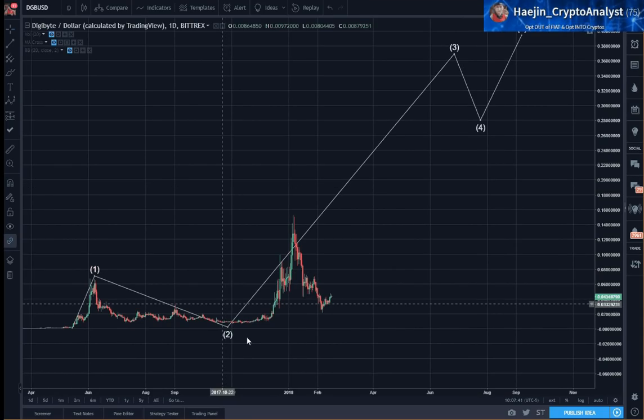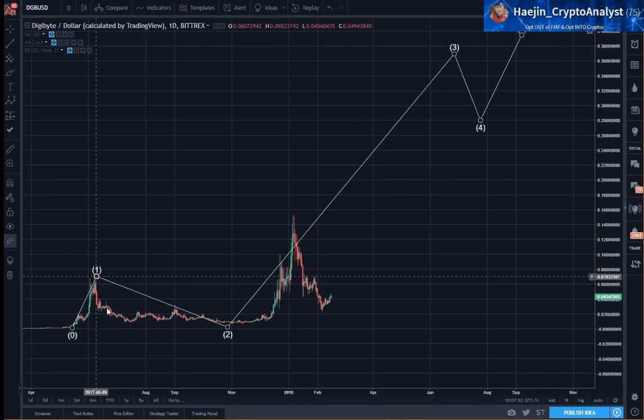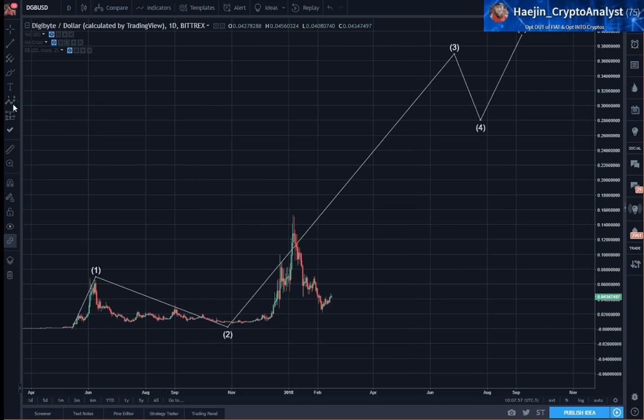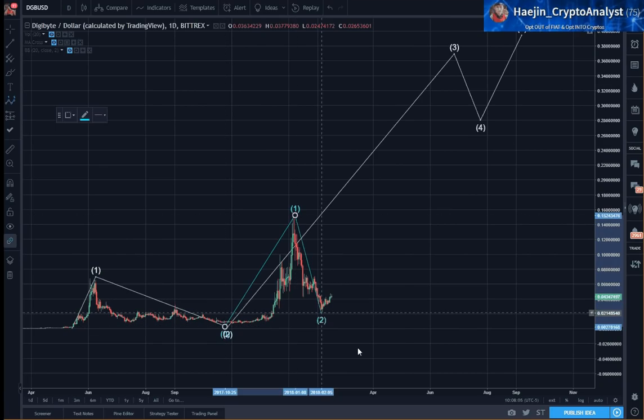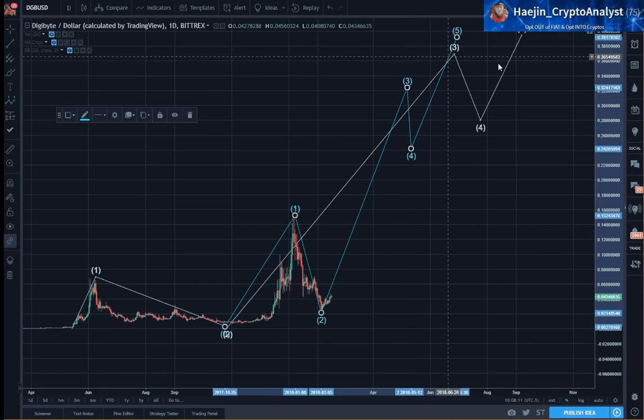So in other words, this is 1 of 3. We did 2 of 3. So let's label it. Let me make sure I get the degree of trend correct. We can leave that at intermediate. Okay. One, 2, 3, 4, 5.